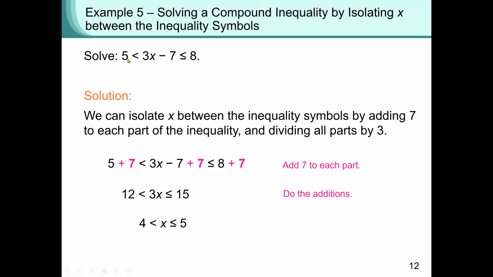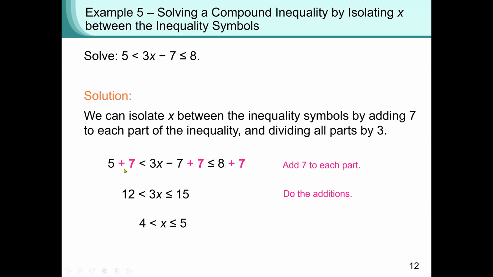Now, the steps to solve this problem are the same as the previous steps. My goal is looking for the value of x. So the first thing I'm going to do is use plus 7 to cancel minus 7. Now, if I add 7 to 3x - 7, then I have to add 7 to 8, and also add 7 to 5, to balance the inequality.